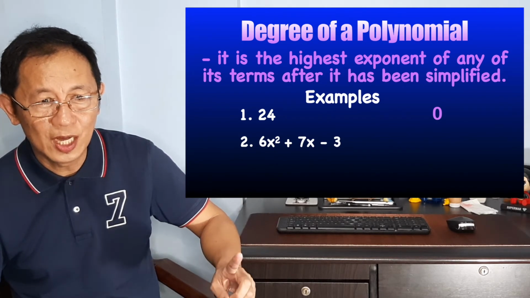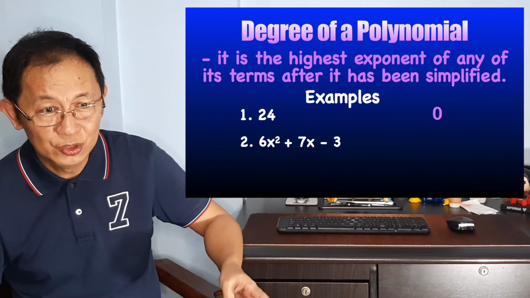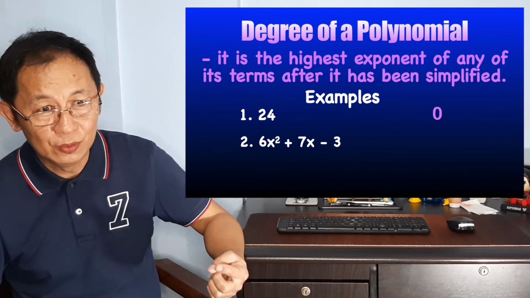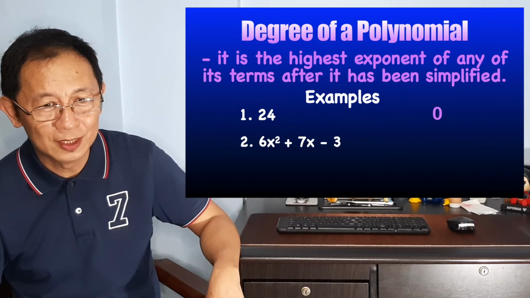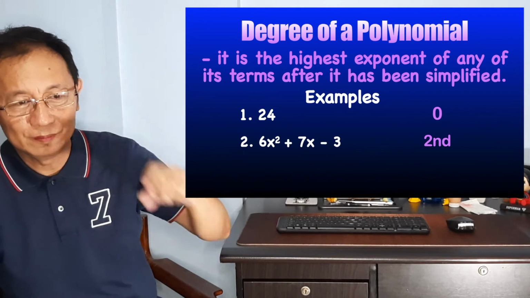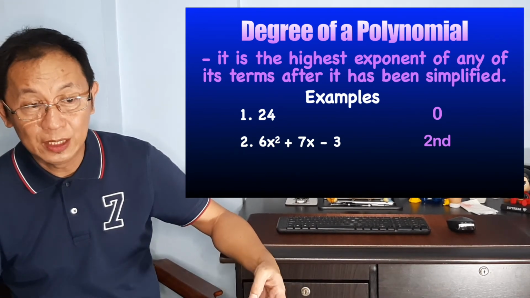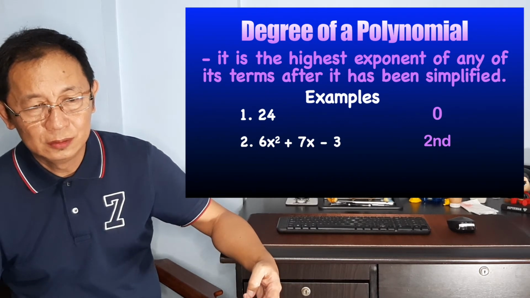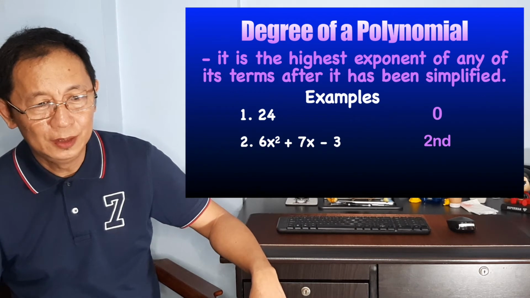So, kung ano yung highest degree sa mga monomials, yun ang magiging degree ng polynomial. So, the degree of this polynomial is second degree. Kasi yun yung highest degree, no, ng mga terms. Number 3.